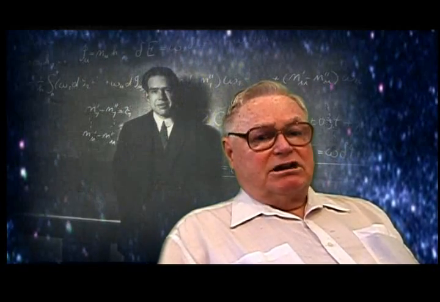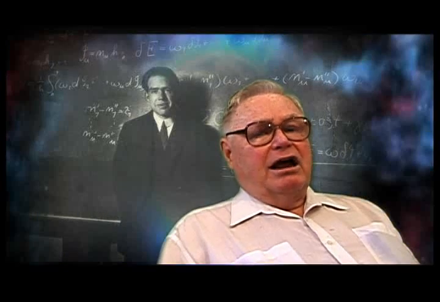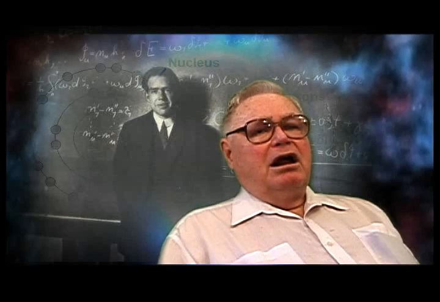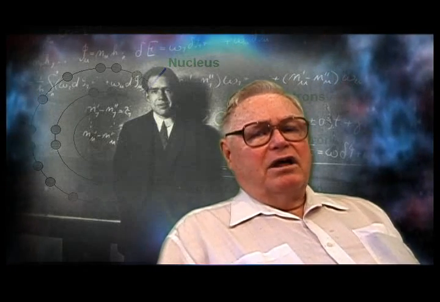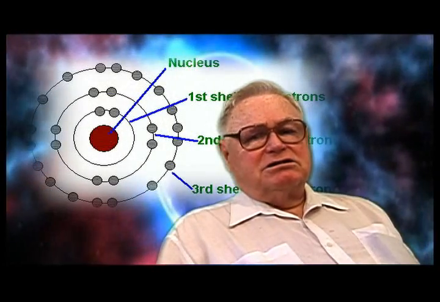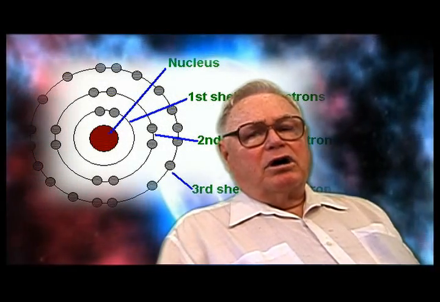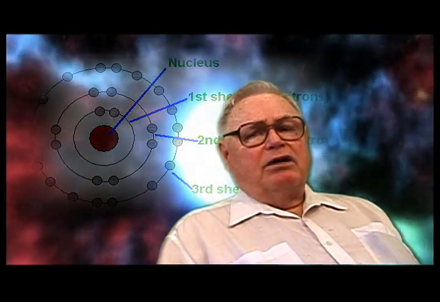But he then divided those shells up into subshells, and he labeled them in small letters S, P, D, and F. In the case of these small lettered subshells, Niels Bohr broke them down into the sequence at which they will be added to the different isotopes.